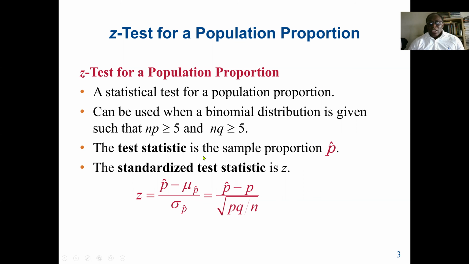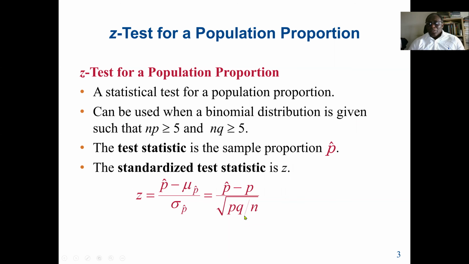So our test statistic, here the formula will be z equal to the sample proportion. When we take a sample, we are going to find the proportion of that sample. So the p-hat stands for the sample proportion. So the z will be the sample proportion minus the population proportion divided by the square root of pq divided by n. Remember, in binomial distribution, the formula for standard deviation using proportion is pq over n.